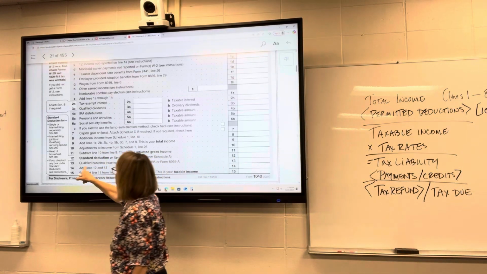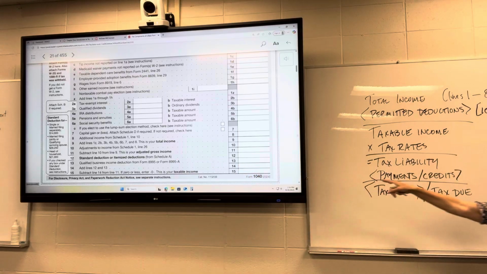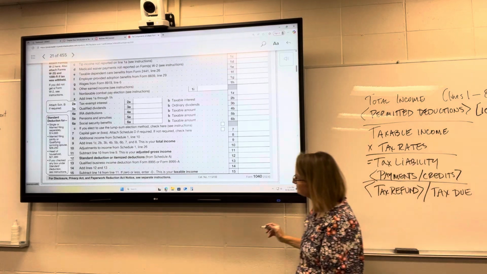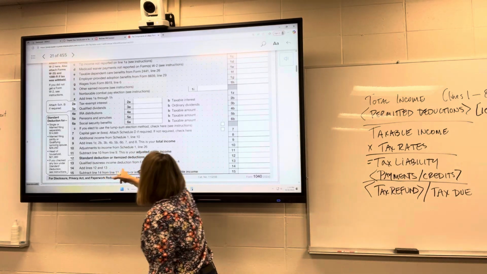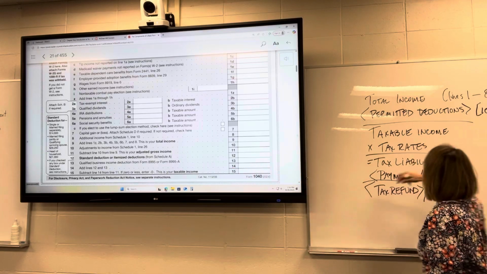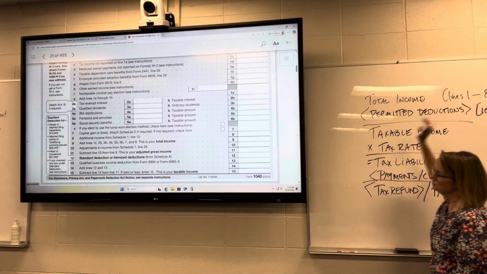Then we have this line 13, which is qualified business income. We're going to go through that in chapter 6. But that's another type of deduction. And then we add up all of the deductions, which is line 14. So line 14, that's our total of these deductions, 12, 13.